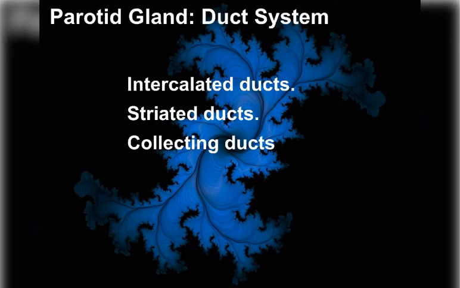Now we'll talk about the duct system of the parotid gland. Remember that the parotid gland and submandibular gland have all types of ducts. The smallest one is the intercalated, then we have striated, then minor collecting, major collecting, then one main excretory duct.